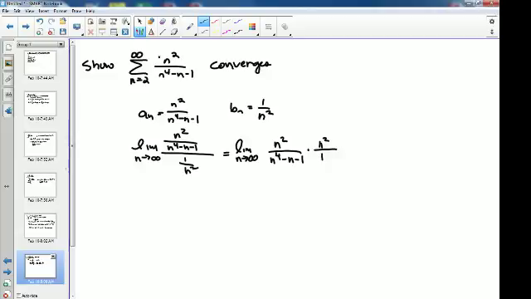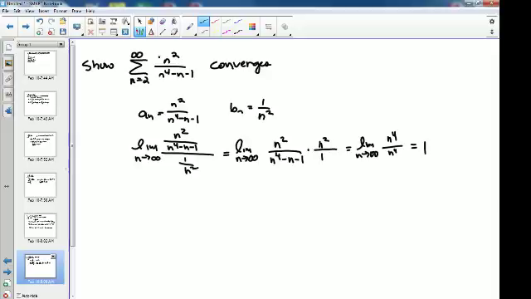But you can figure this infinite limit out, right? We have n to the fourth over n to the fourth, because we just use the highest exponents, which is 1.